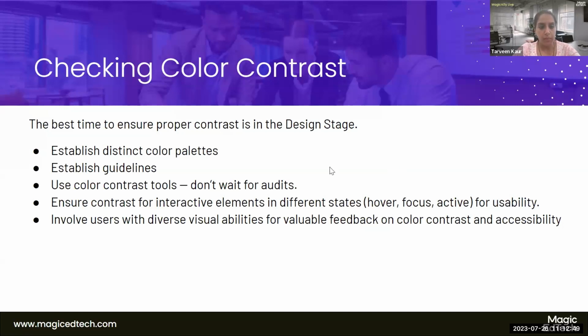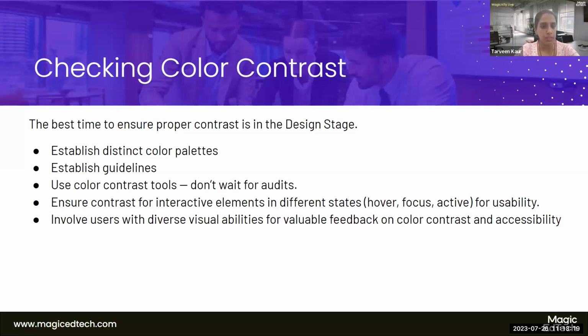Now, what do we need to do to ensure that color contrast related issues or non-compliances are fixed and taken care of by the design team itself? Firstly, we should establish the color palettes to be used across the product, platform, or content, whatever you are developing. Establish the guidelines, as we already shared with you, this cheat sheet. In a similar way, you should build a cheat sheet for your team members, to ensure they understand, yes, I'm working on a button, I'm working on a UI element, what implementation I need to make, and also help them understand what falls under the exception category.